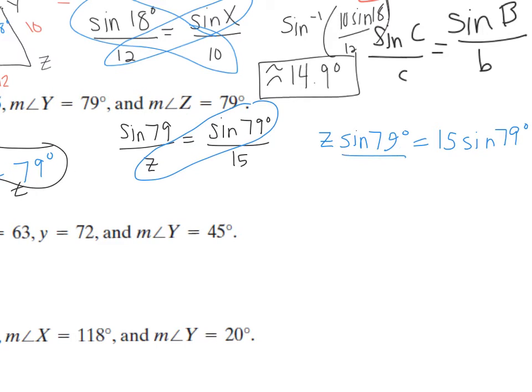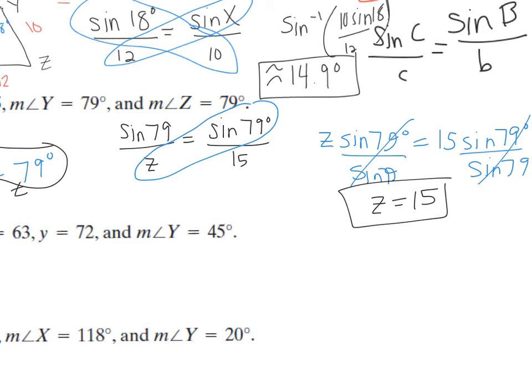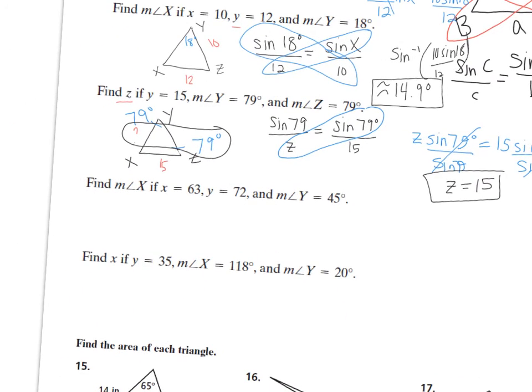Well, if I divide both sides by the sine of 79, this is going to cancel out, this is going to cancel out. So I'm going to get z equals 15. Which makes sense because if this one is across from 79, it's 15, that means that this one has to be 15 as well.